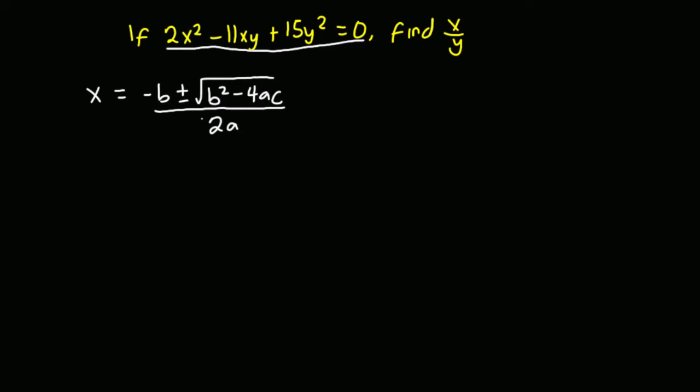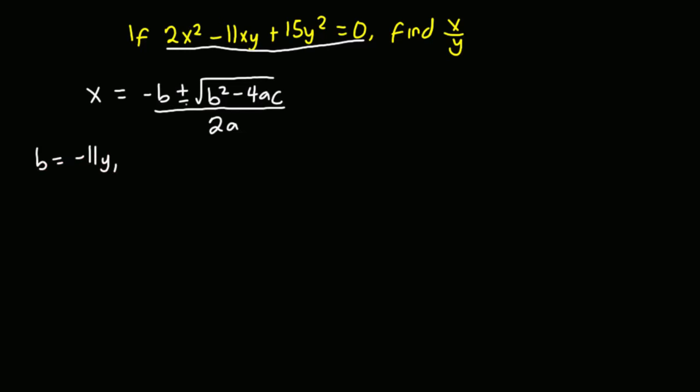So now the question is, what is b? What is a? What is c? The b is the coefficient of x in the equation, and the coefficient of x in the equation is negative 11y. So we can say that b is equal to negative 11y.